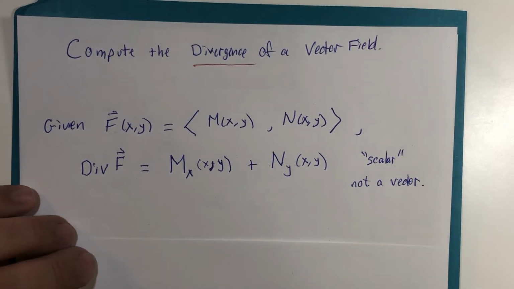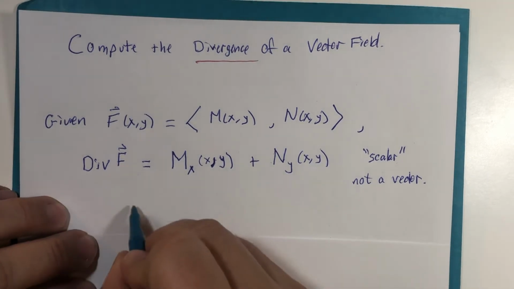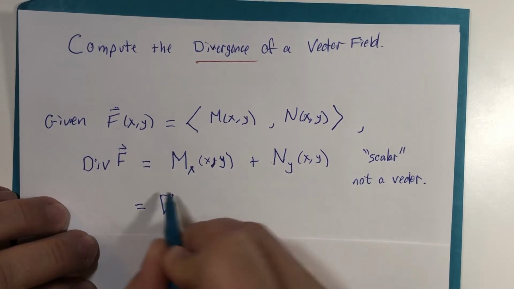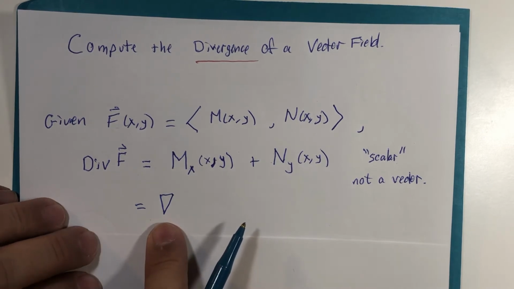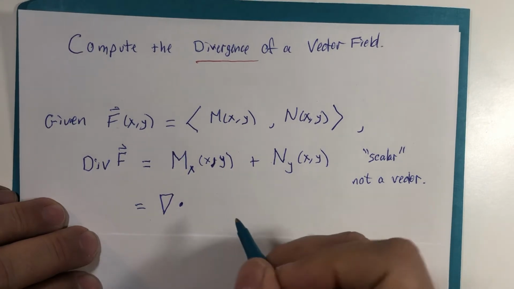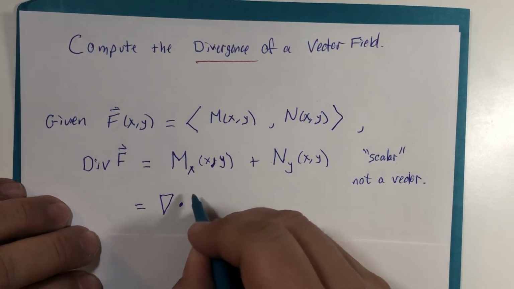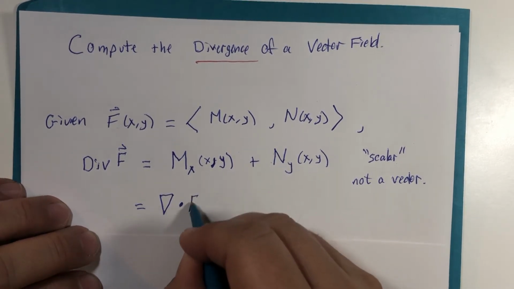The calculation of this is going to be pretty straightforward because we've been doing lots of partial derivatives. But let me just show you there's an alternate notation for this. Some texts use the gradient symbol, dot product the vector field to look at this calculation.